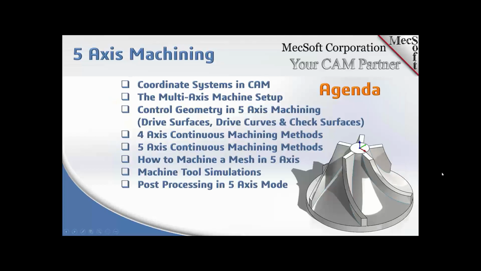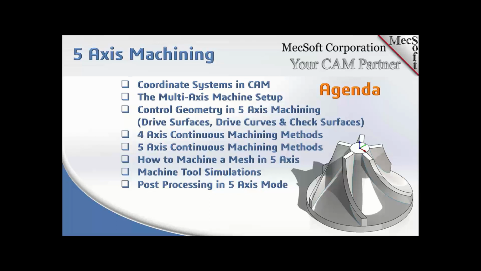Now, our agenda today. Everything today is talking about 5-axis machining. Initially, we're going to start out by talking about the different coordinate systems in CAM, and also the multi-axis machine setup, which is a very important topic for setting up your CAM parts to work with your specific 5-axis machine.